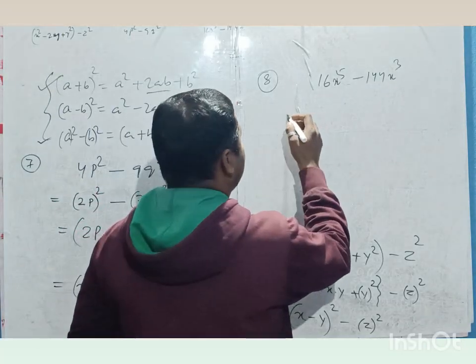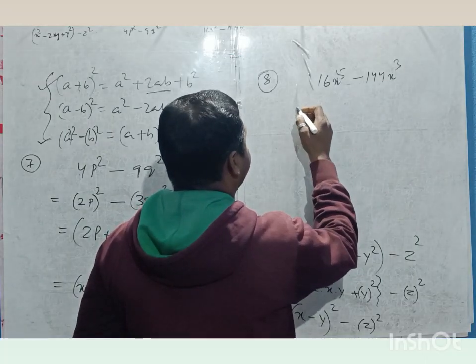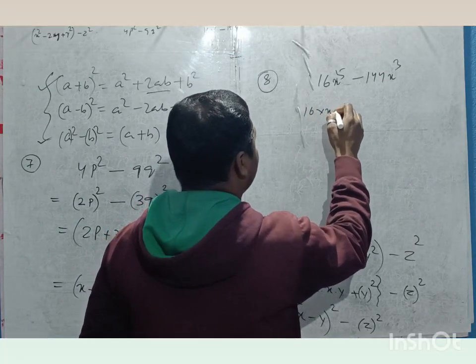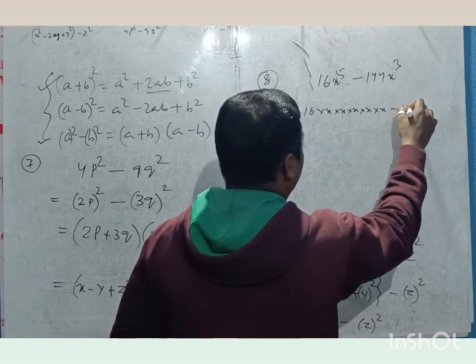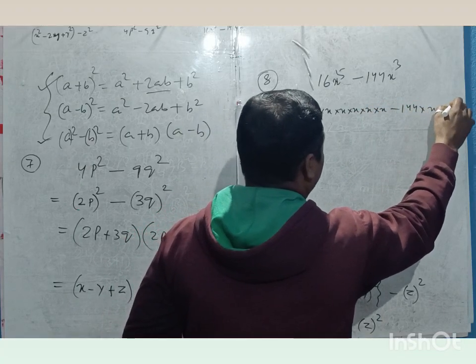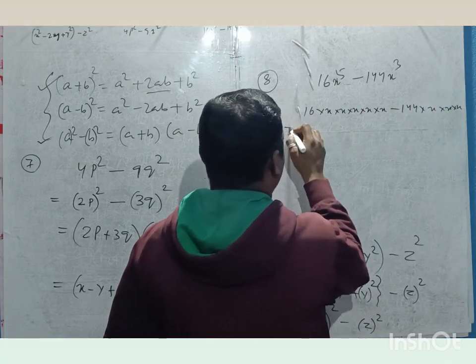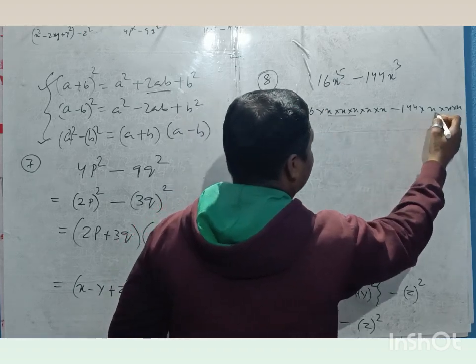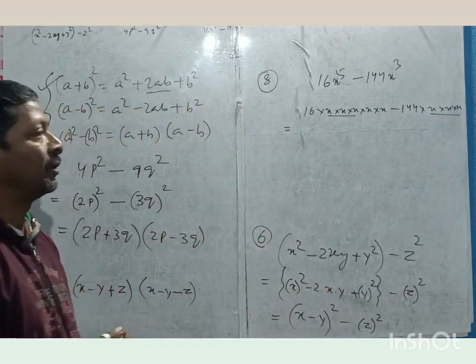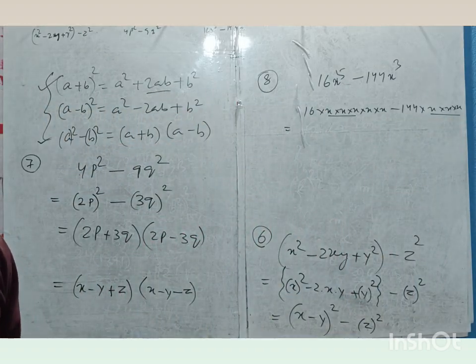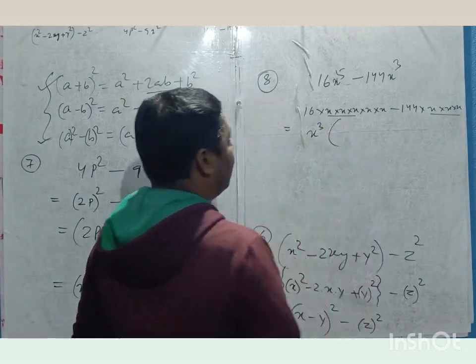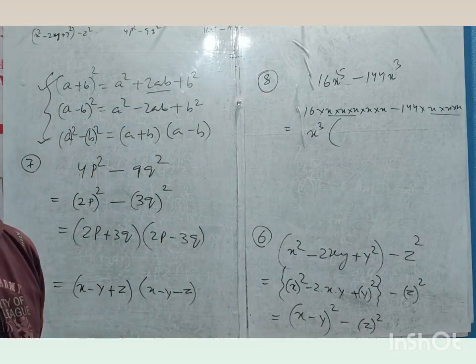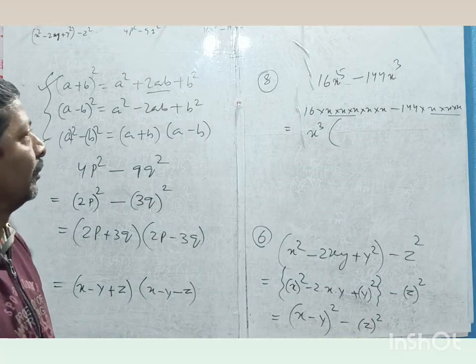So x^3 can be taken as common from 16 into x into x into x into x into x minus 144 into x into x into x. Okay, so what is common? x multiplied three times becomes x cubed. So let's take x^3 as common.